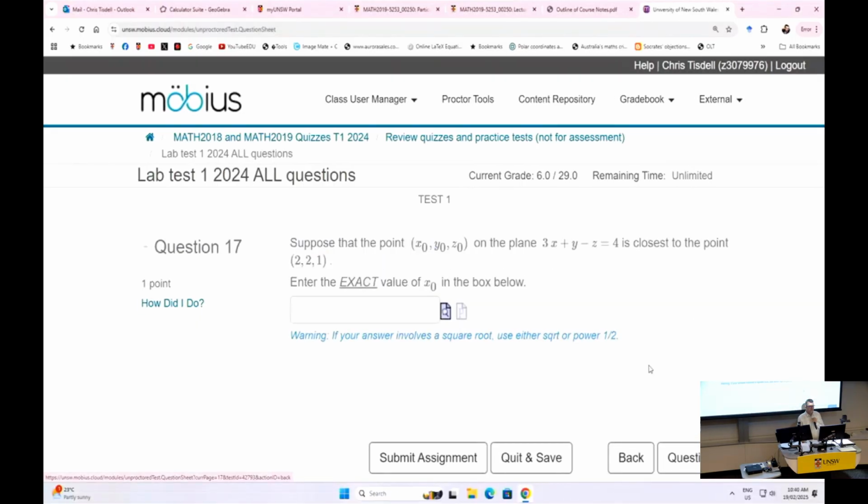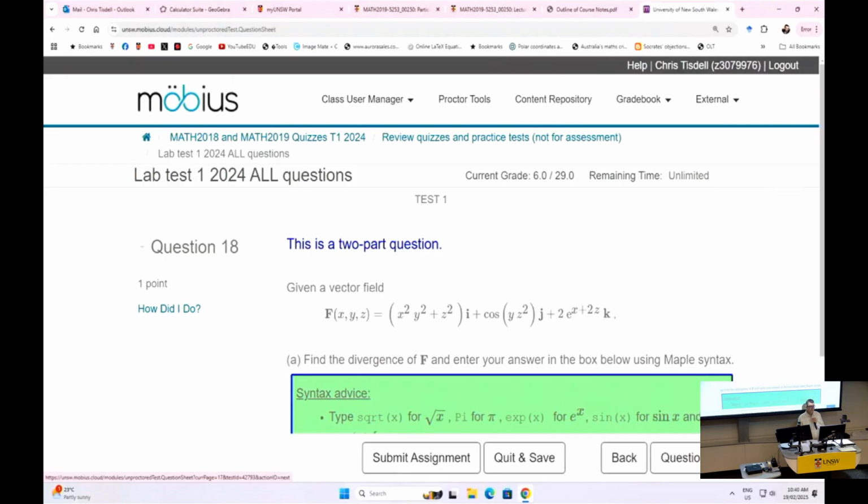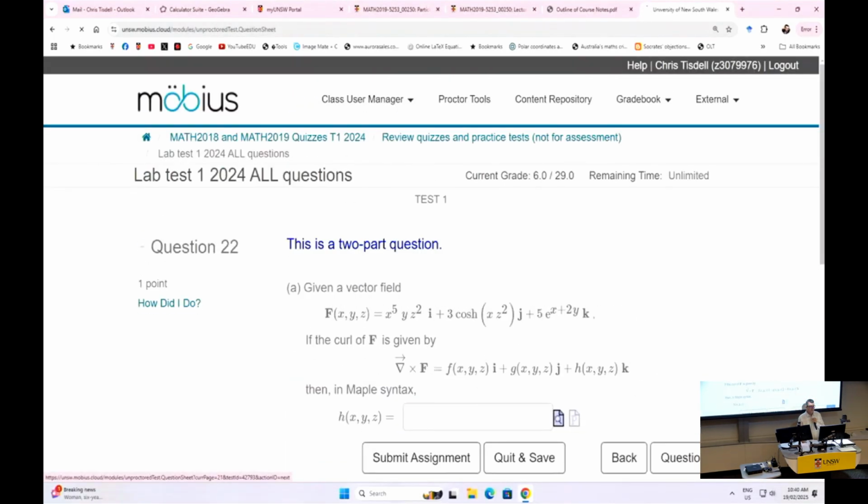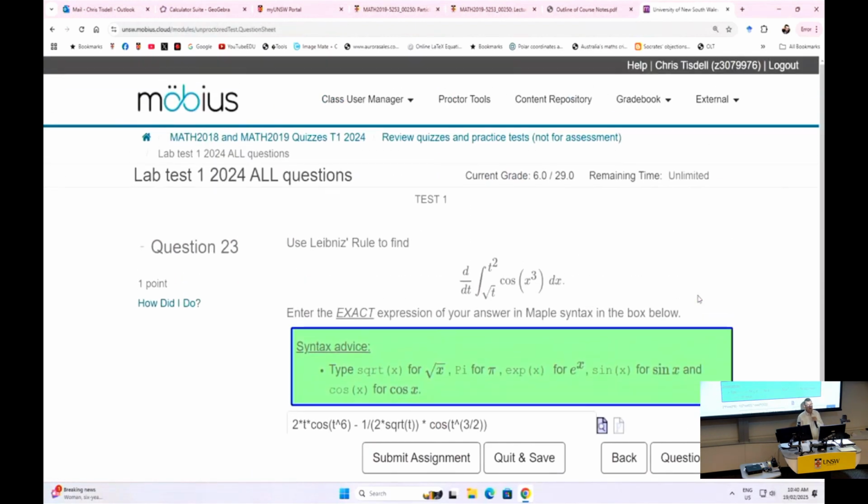Oh, hang on, what was that? Oh, it's plain. No, that's an optimization type of thing. So I'm just going to fess up. I don't think there are any questions on this in the lab tests. So you'll probably just do it this week and then maybe forget about it until the final exam.